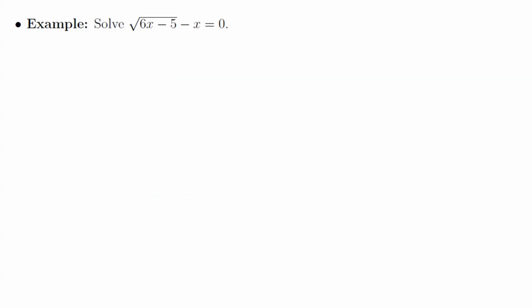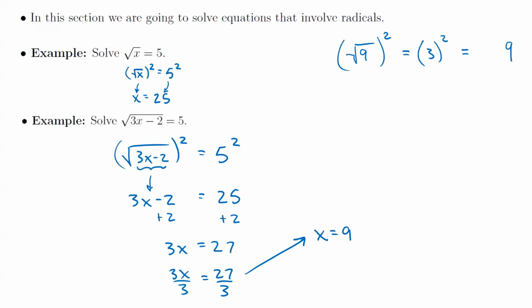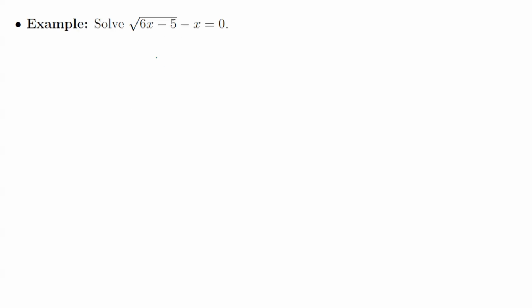Here's another example. In this example, we have the square root of 6x minus 5, minus x, equals 0. Now, in both of the previous examples, we were able to immediately square both sides of our equation, and that worked out great. However, let's understand that, and let me write something down here that I want you to not write.